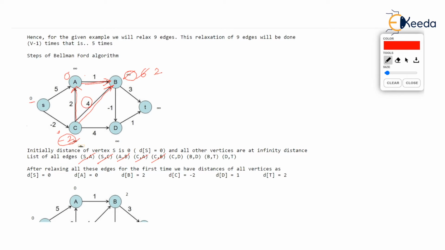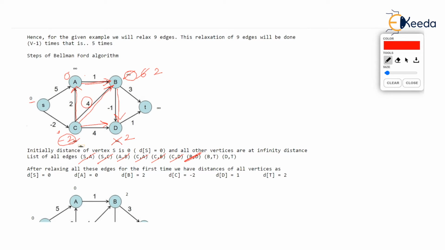Let's take the next edge, C comma D. C comma D, this one. It will be minus 2 plus 4. That is 2 again. So distance of D is infinity right now. So we have got lesser distance. We'll update this distance of second vertex. B comma D, I'm striking it out here from the list of edges. B comma D. Now B comma D, you will work out here as 2 minus 1.